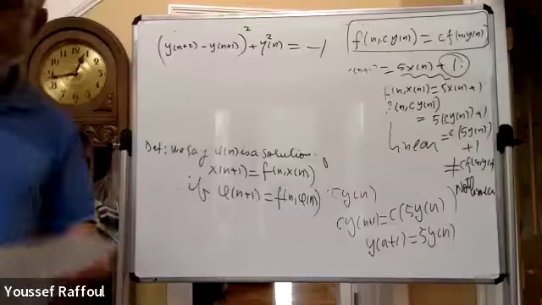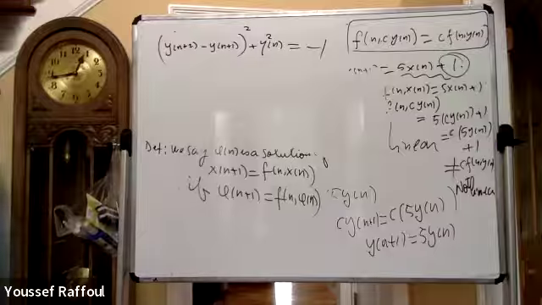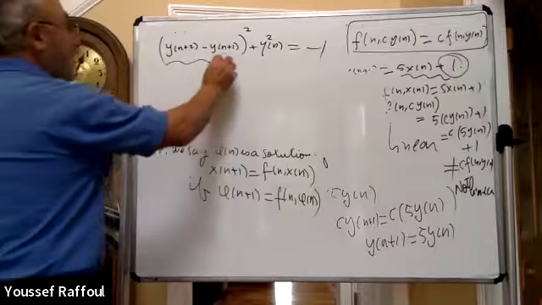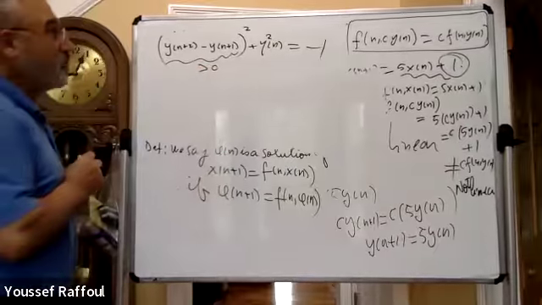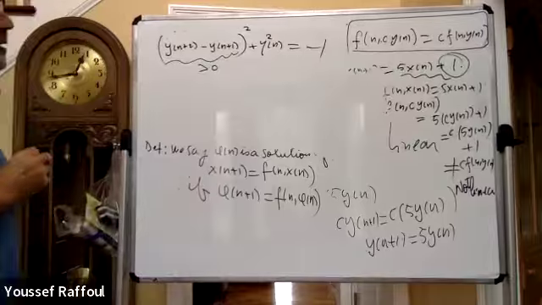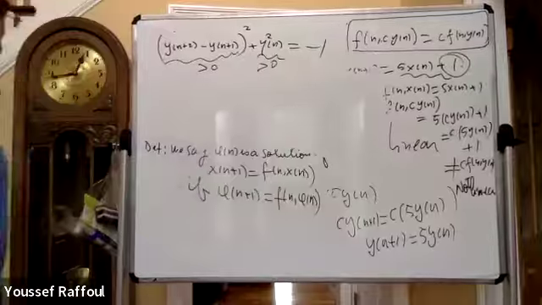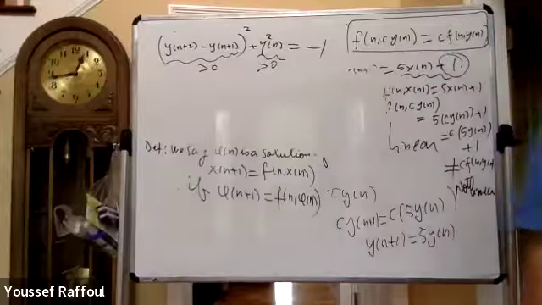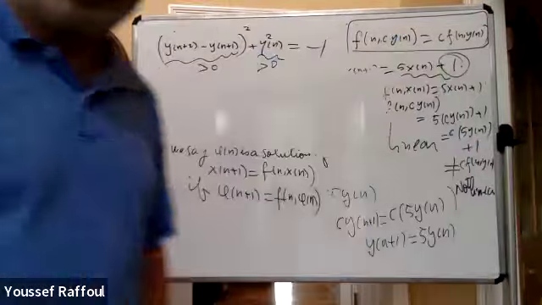Can anybody tell me whether this has a solution or not? What is this one here? Is that positive or negative? That's positive, correct? What about this one? Positive. So you square it and add another square, you get a negative number, correct?